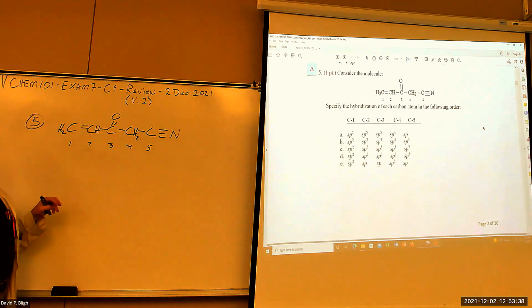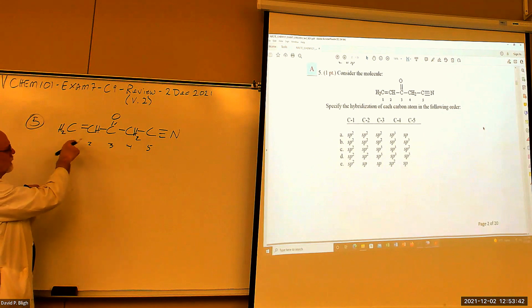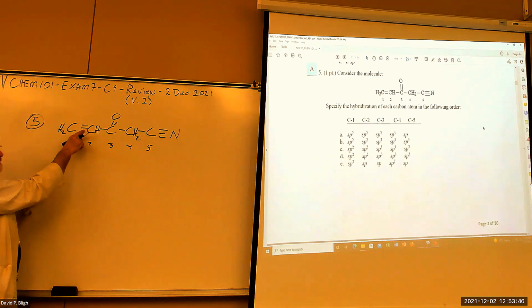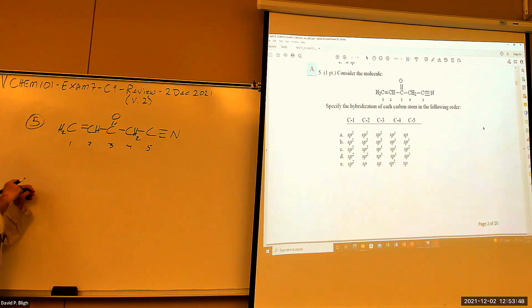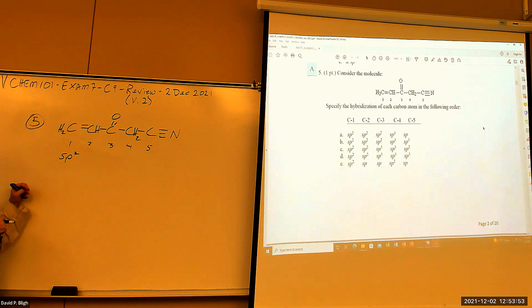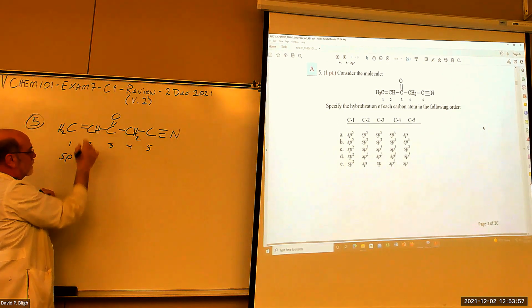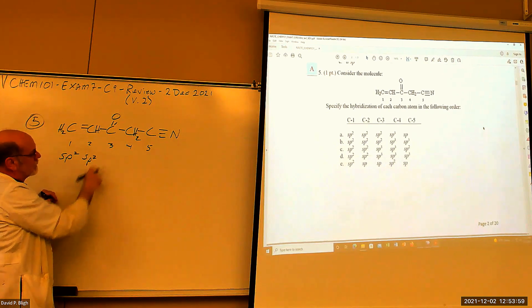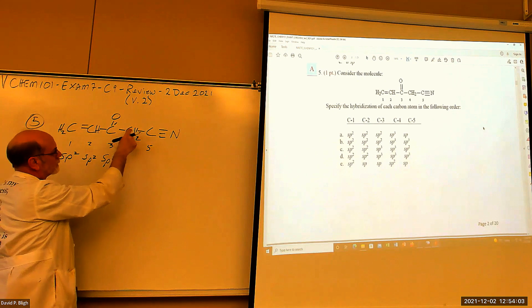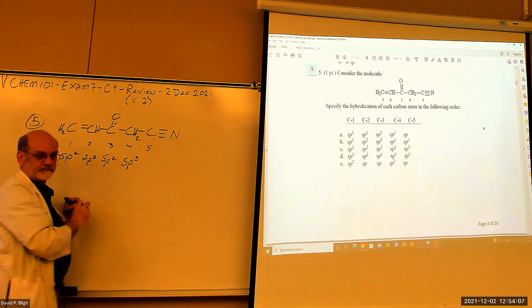So all we have to do is look at the number of bonds, actually the number of groups. So around this one, you have 1, 2, 3 groups around that carbon, which means it's sp2. Here you have 1, 2, 3 around that. That's sp2. 1, 2, 3, sp2. 1, 2, 3, 4, sp3.